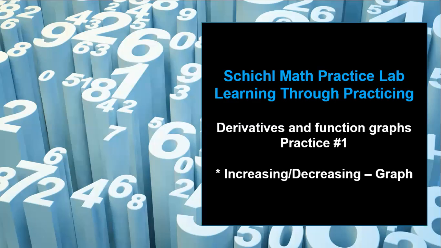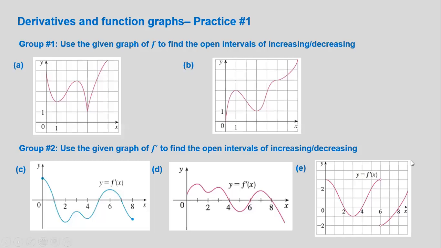The first practice set is very easy. We're going to take a look at how we determine whether a function is increasing or decreasing by looking at its graph. We have 5 graphs here.